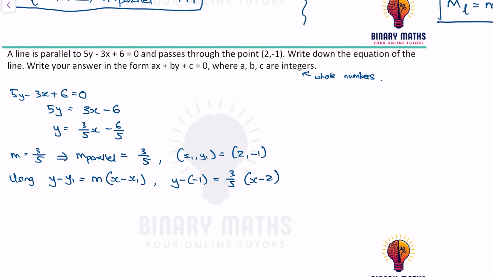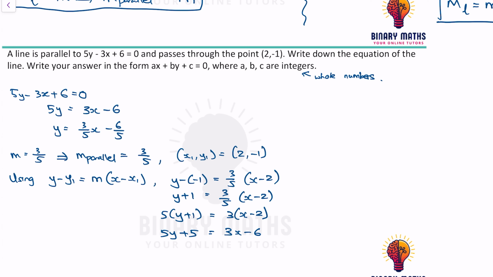Okay, let's simplify this now. I get y plus 1 is equal to 3 over 5 times x minus 2. If I multiply by 5 throughout, I get 5 times y plus 1 is equal to 3 times x minus 2. So I end up getting 5y plus 5 when I expand the bracket is equal to 3x minus 6.